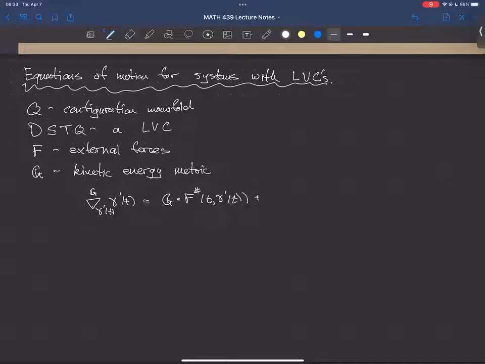And then what we had to do was add on a constraint force, and I characterized what constraint forces were. There are forces which do no work on motions that are permitted by D, okay?